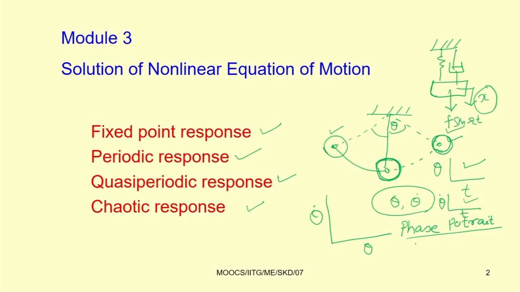Also the bifurcations: how in a nonlinear system the frequency response behaves, why there is branching, and what you mean by multiple solutions. All those things we are going to study in this module.